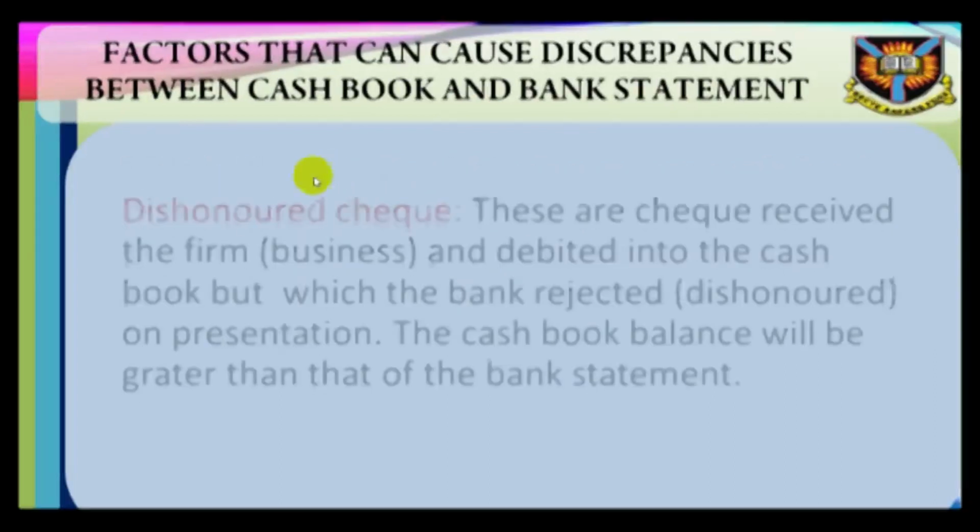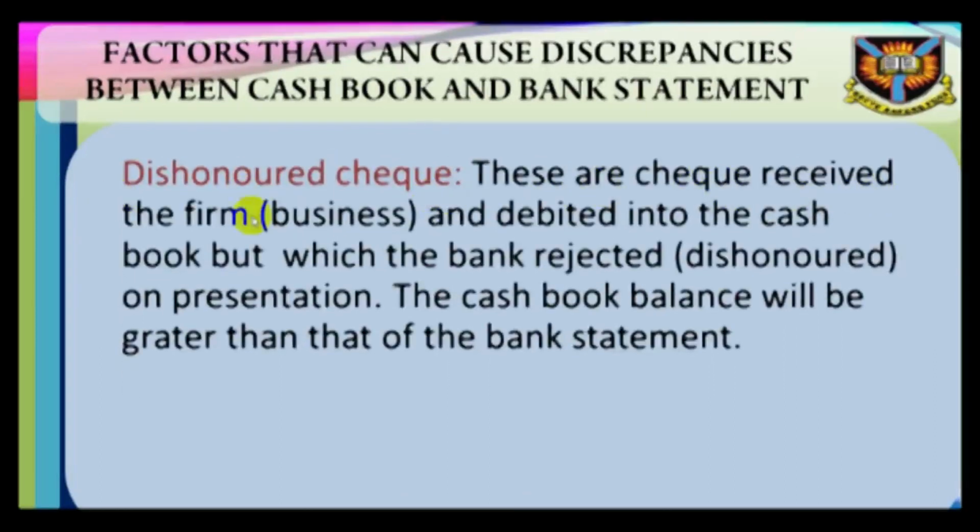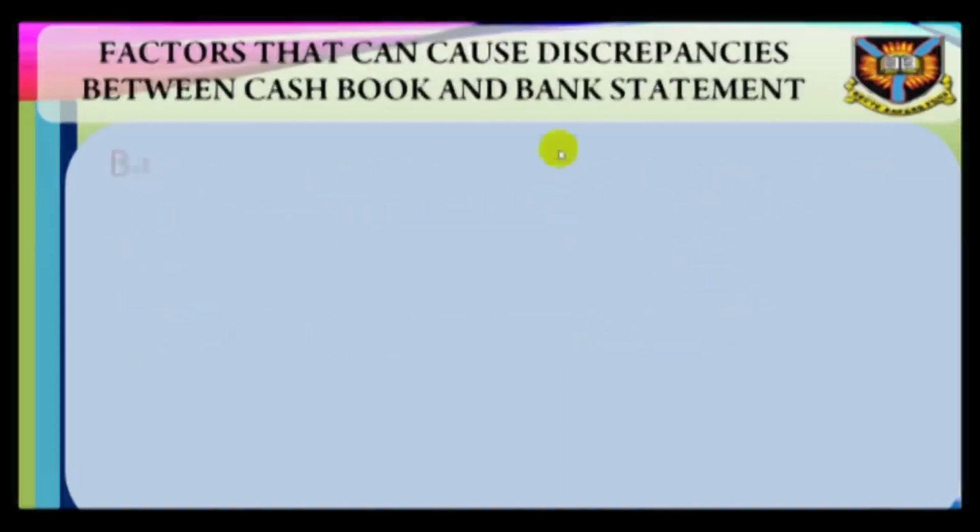7. Dishonored check. These are checks received by the firm and debited into the cash book, but which the bank rejected on presentation. The cash book balance will be greater than that of the bank statement. 8. Bank errors.